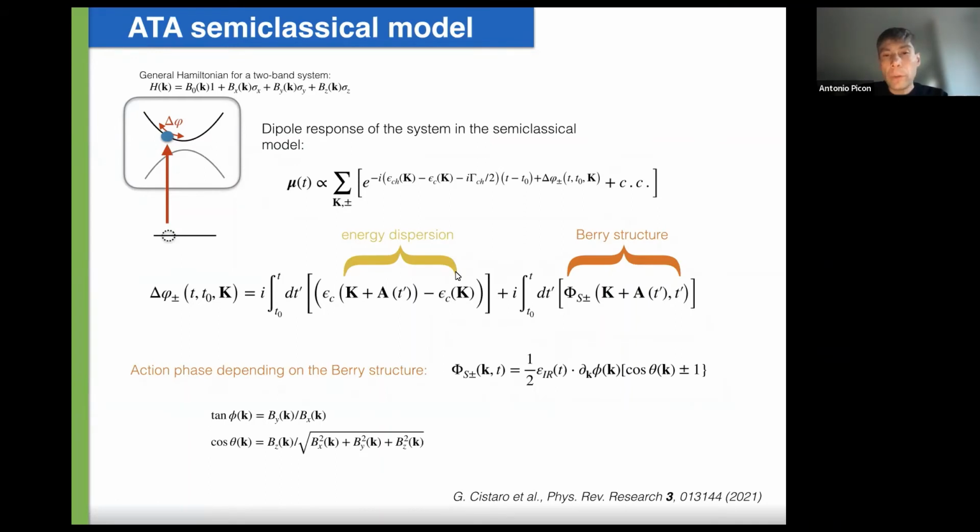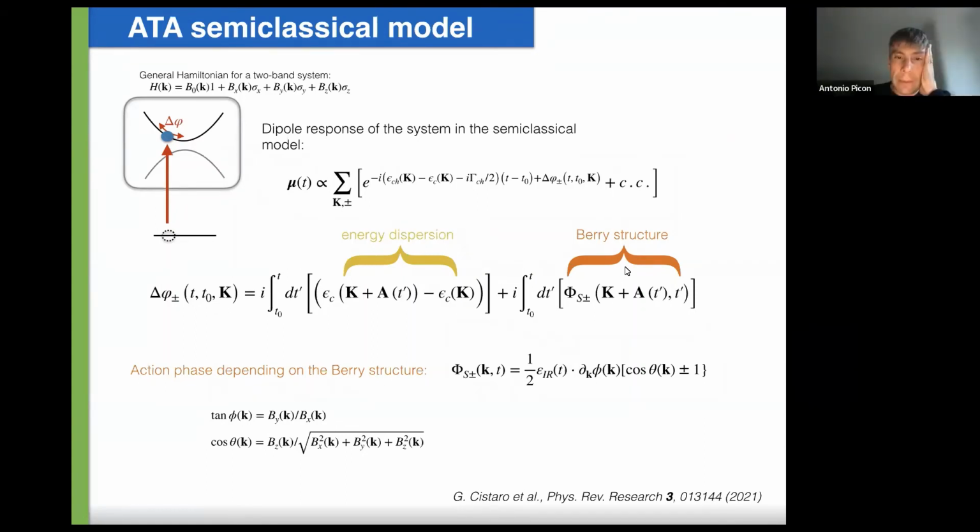Now, the key question will be how to infer information about this, right? We can do models and say, well, the model fits very well to the experiment. So that would be one possibility. Well, you can get a lot of information about the energy dispersion from other experimental methods. Yeah. Okay, very, very interesting. Thank you. Okay, you should continue then.